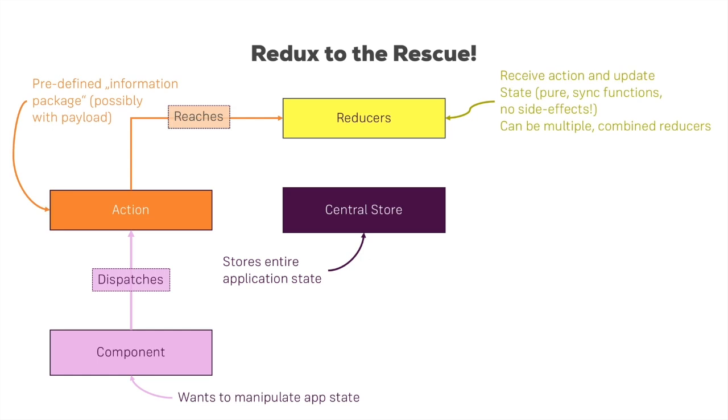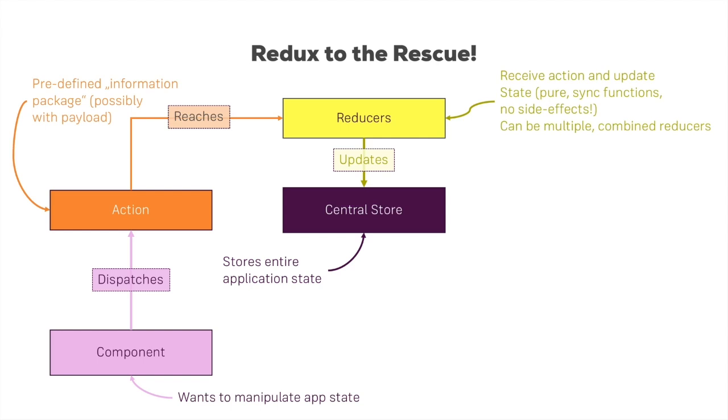The important thing is that the reducer has to execute synchronous code only. No asynchronous code, no side effects, no HTTP requests, nothing of that. You'll learn later how you can still implement asynchronous code. But in reducers, it's just input in, output out. Nothing in between, no delay. So this is the reducer.